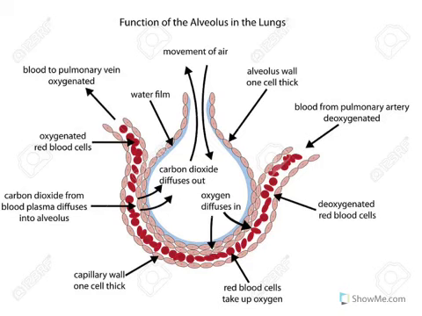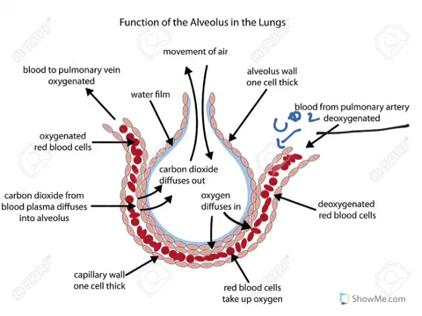Actually, the blood from the pulmonary artery, deoxygenated blood full of CO2, will come via the heart pump into the blood vessels surrounding the alveoli, and the gas exchange will happen.